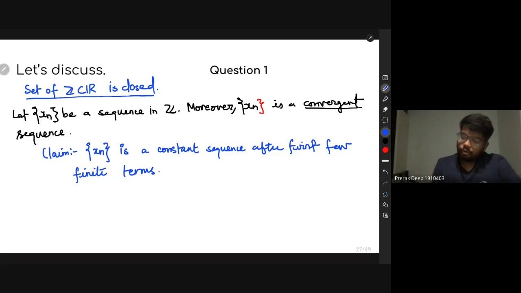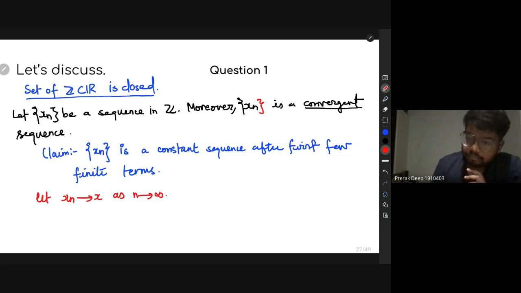For that, we just need to understand the definition of a convergent sequence. We assume that xn converges to x as n tends to infinity.